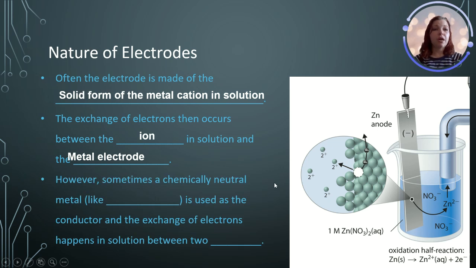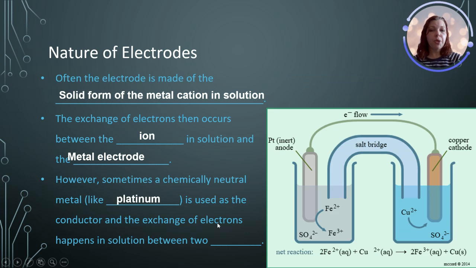However, sometimes you have a redox reaction that's occurring and the half reaction does not take place with the solid. It takes place, for example, with two ions, or it takes place with a gas and then ions. In that case, you would use a chemically neutral metal like platinum as the conductor, and then the exchange of electrons just happens in solution between the two ions.